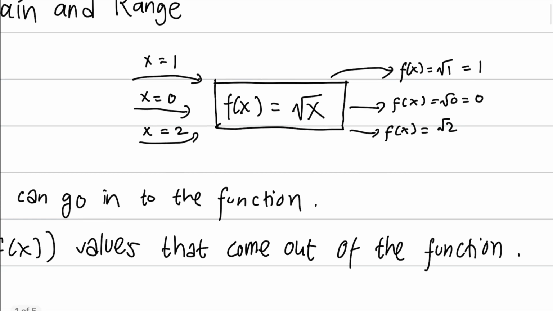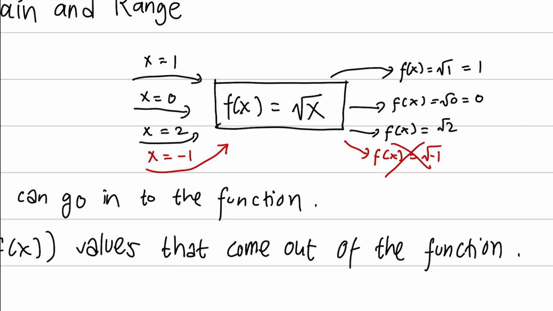But can all numbers go into our function? The answer is no, guys. Because, for example, if I put x equals negative 1 into our function, what do I get? Well, just use the formula. But there is a problem. You will get square root of a negative number, which is a math error.